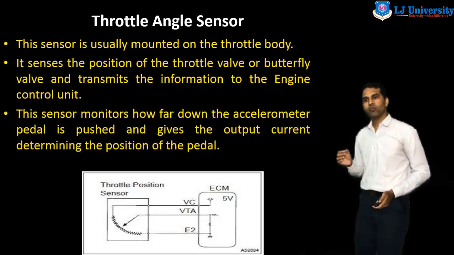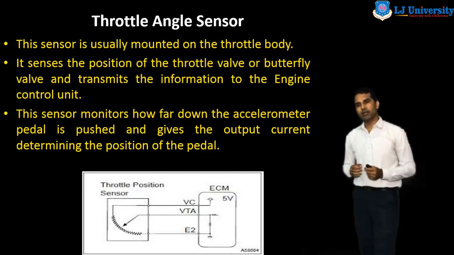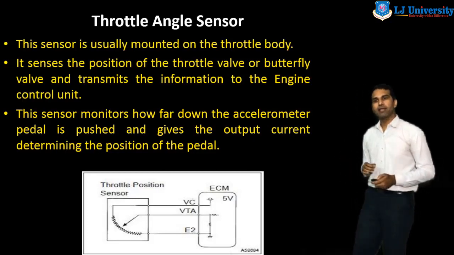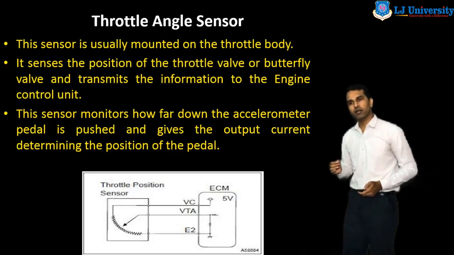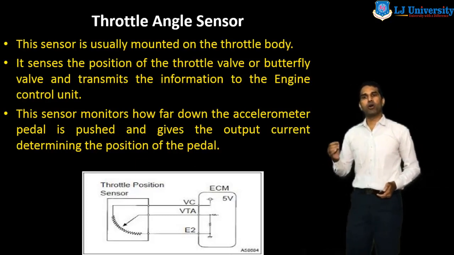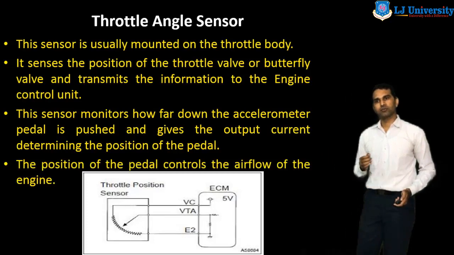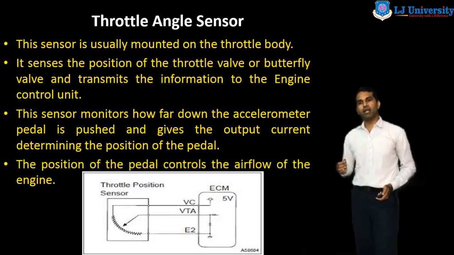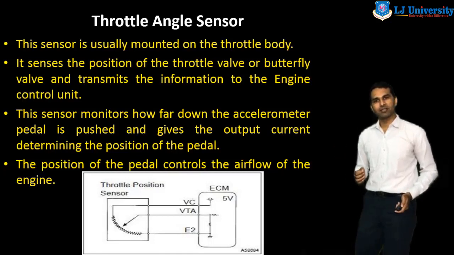This sensor monitors how far down the accelerator pedal is pushed and gives the output current, determining the position of the pedal. The position of the pedal controls the airflow of the engine.